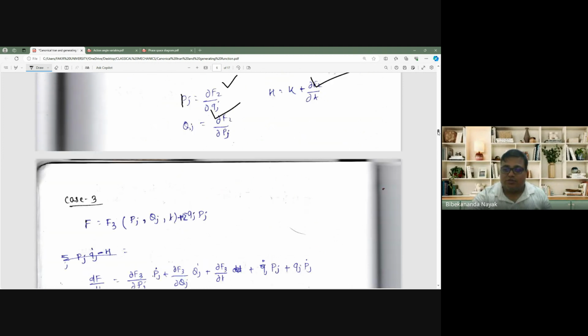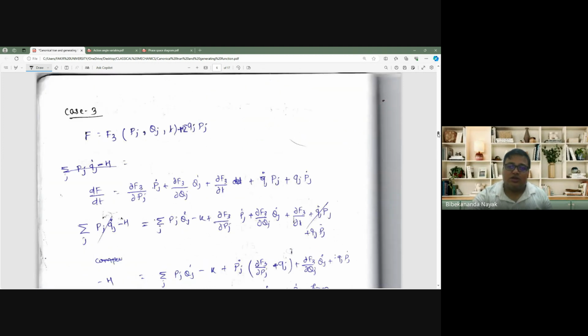Similarly, for the third function we take f equal to f3, which is a function of small pj and capital Qj. When we take the exact f, we need the sum of qj pj here, where small q is always multiplied with small p, and capital Q with capital P. So it is small pj.